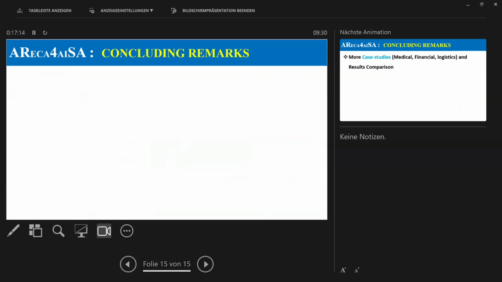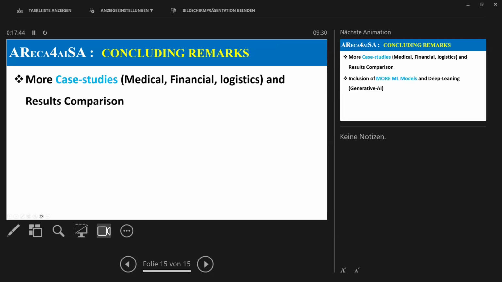To wrap up with concluding remarks, we presented a methodology that brings together usual model or domain application with machine learning application in a very smooth and soft way, and we validate it using architecture techniques and rewriting logic. What we are doing now is more case studies, not only medical, but financial, logistic, and so on.